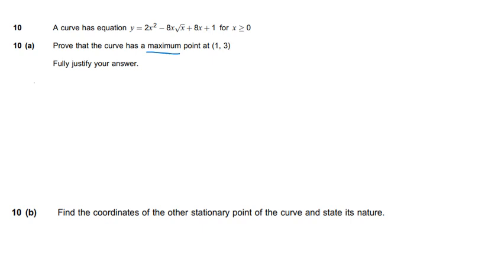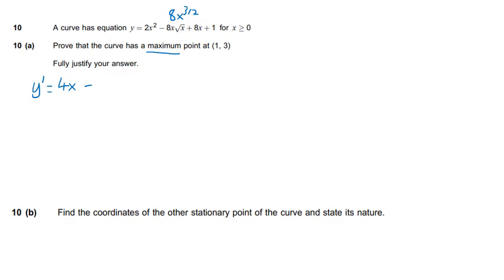We need to differentiate this function. So y primed is equal to 4x minus, then we've got 8x times root x, so that's 8x to the power of 3 over 2. Okay, or you could use the product rule if you wanted to, but easier just to do that.